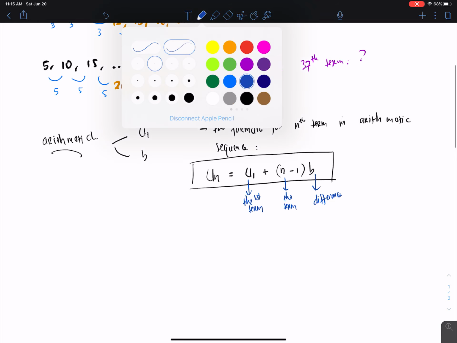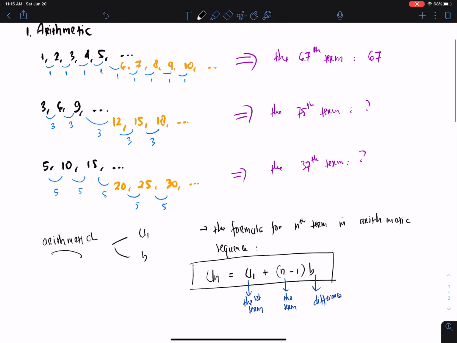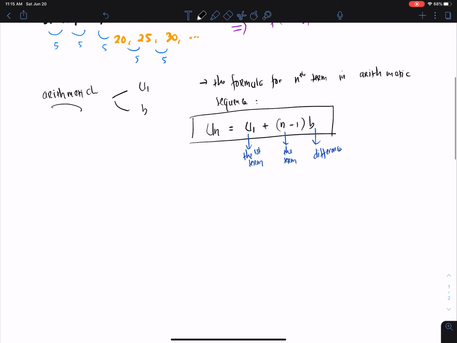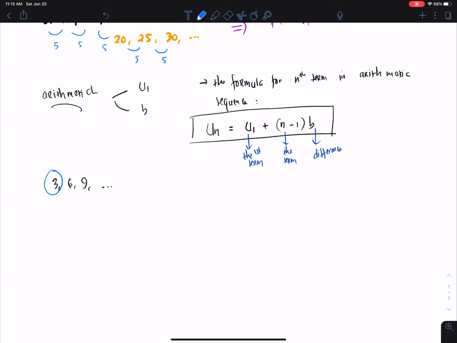Consider the second one here; the first one is quite easy, so we're not looking at that. The sequence is 3, 6, 9, and so on. If we consider this as the first term, we can check that the difference between a term and the next one or the previous one is 3.